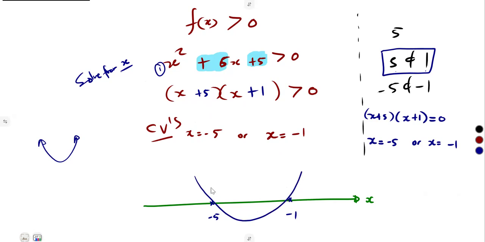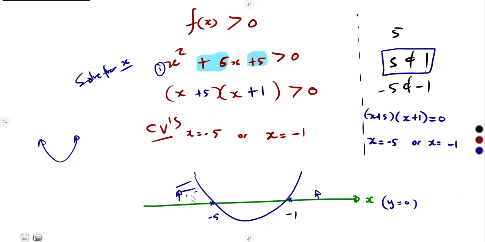Then you now compare to see where we have this. You're saying it is f of x greater than 0, comparing to the x-axis where y is equal to 0. You consider those critical values to say, above what? The x-axis. Our solutions are supposed to be above the x-axis, greater than 0.